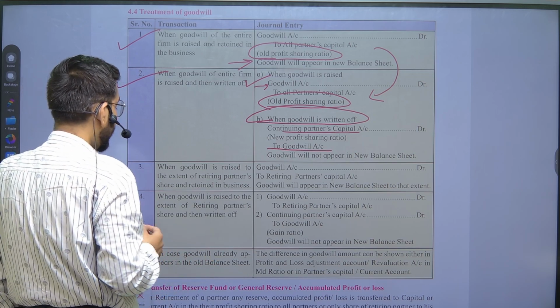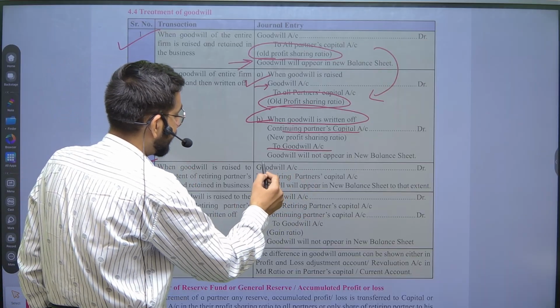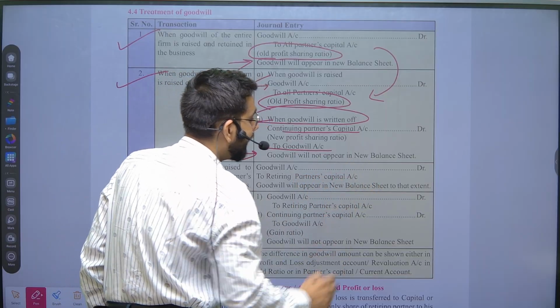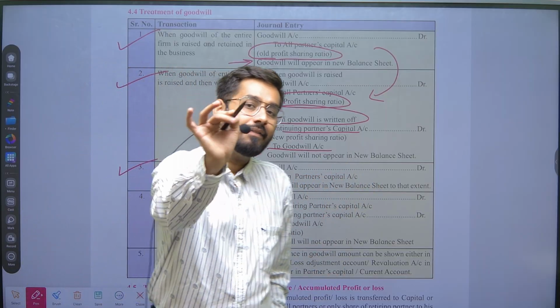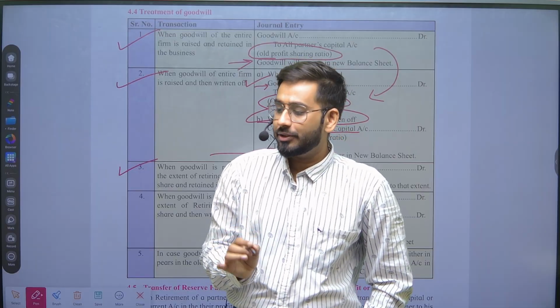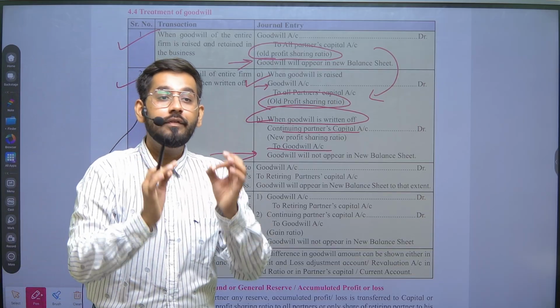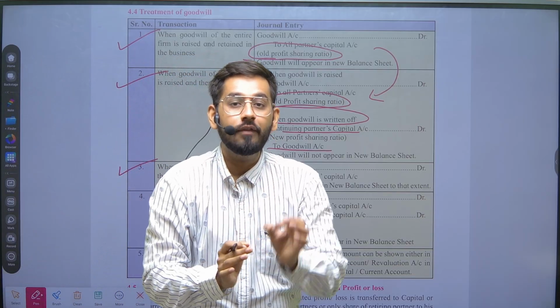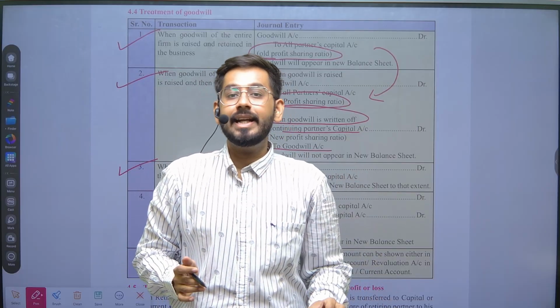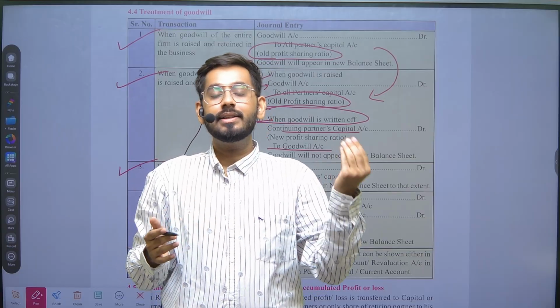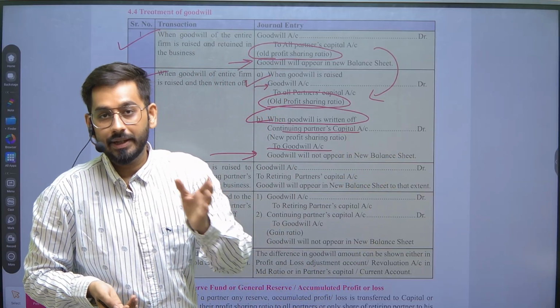There is an important note that goodwill will not appear in the new balance sheet. Sir, why? Why in this case will goodwill not appear in the new balance sheet? Because goodwill is completely written off and completely depreciated, and you have no goodwill. So that's why it will not appear in the balance sheet.